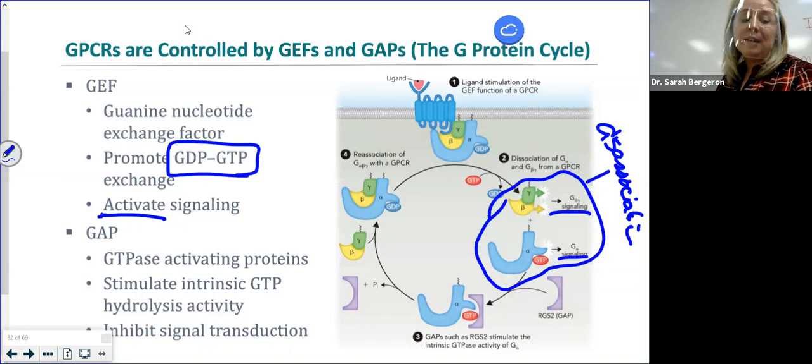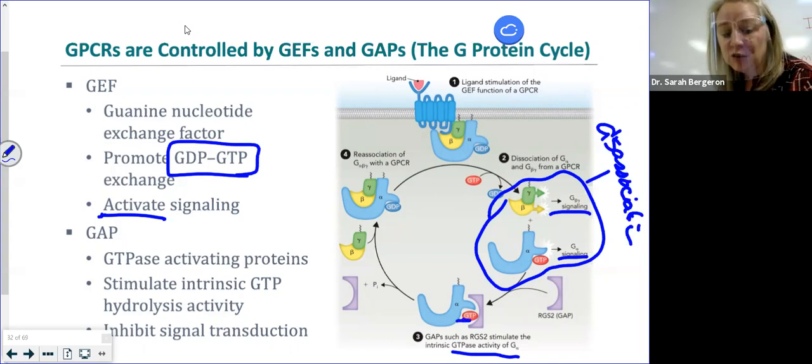But what we need is a GAP. A GAP is a GTPase activating protein. What that does is it activates the GTPase activity of our G protein. So we have GTP bound to our G protein, and we have this GAP.